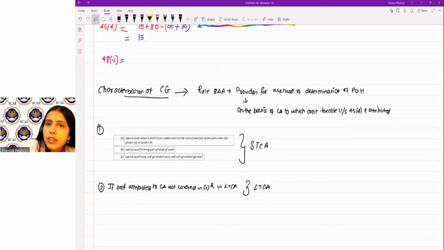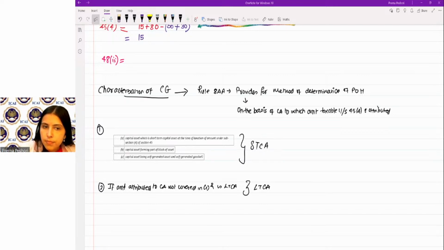It depends on the status or period of holding of X and Y. Are we clear?